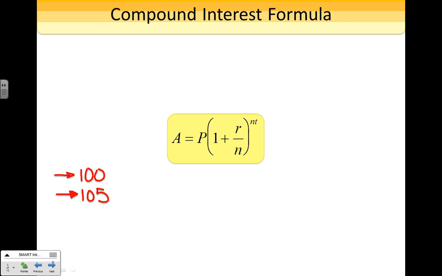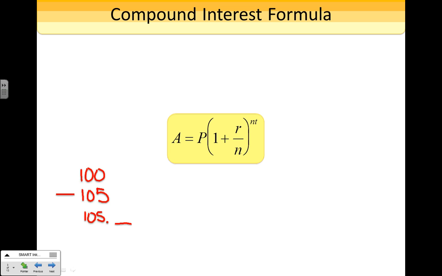But when you compound it, that means no longer am I going to use the $100 to figure out interest, but now I'm going to use my $105 to figure out interest. So now I have 0.05 of 105. So that might be 105 point something. Okay, so this is just an example.